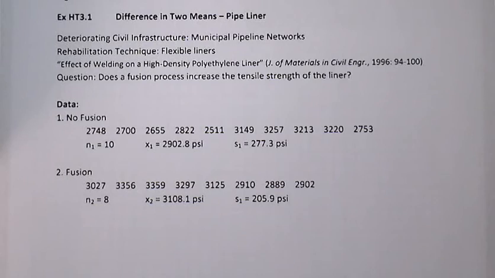Here we're taking a look at a very common situation: we have an aging and somewhat geriatric civil infrastructure. Civil infrastructure is more than just roadways, it's also pipe networks, and in this case we're looking at one of the rehabilitation techniques for municipal pipeline networks, where you can insert flexible liners inside existing pipes.